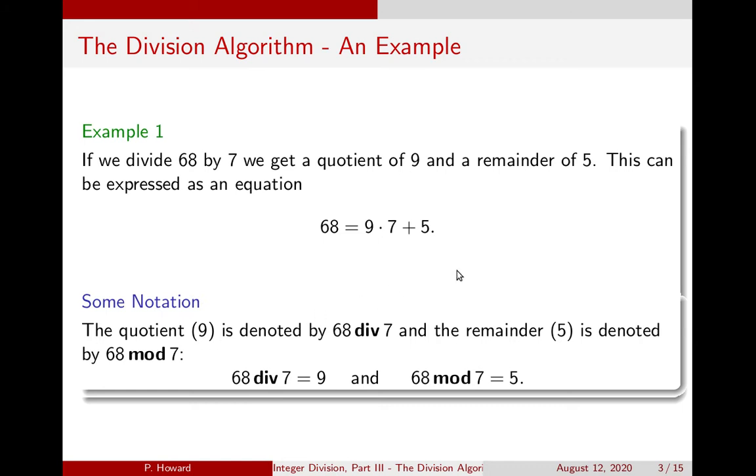And the remainder, when you divide 68 by 7, that's the 5 in this problem, is denoted 68 mod 7. The div notation is not very standard, but the mod notation is standard notation. So 68 mod 7 means the remainder when you divide 68 by 7.